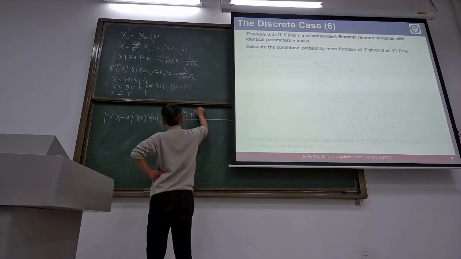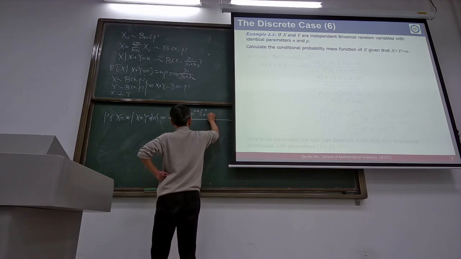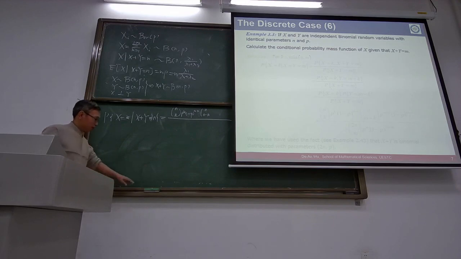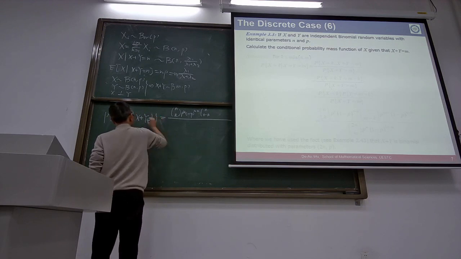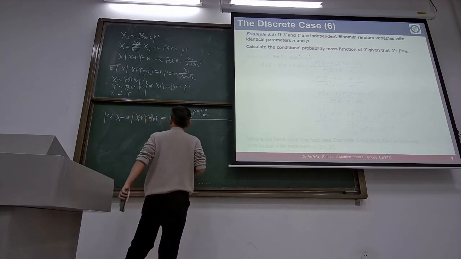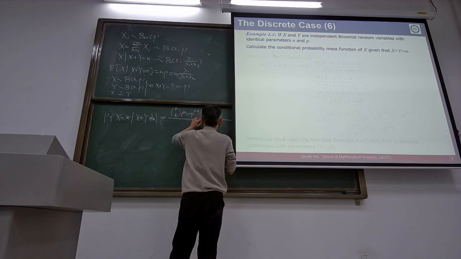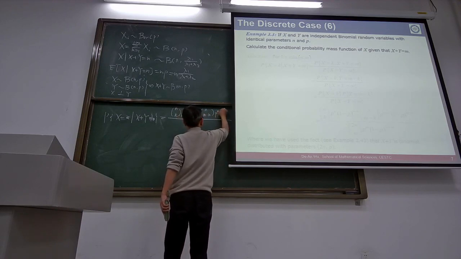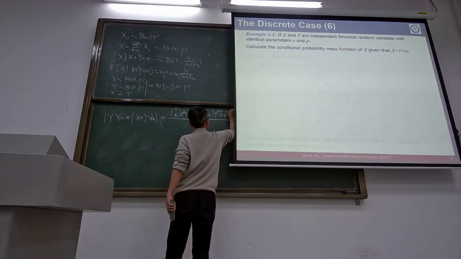And y equals m minus k, yes, something wrong here, m. Yes, n choose m minus k, p to the m minus k, 1 minus p to the n minus m minus k.